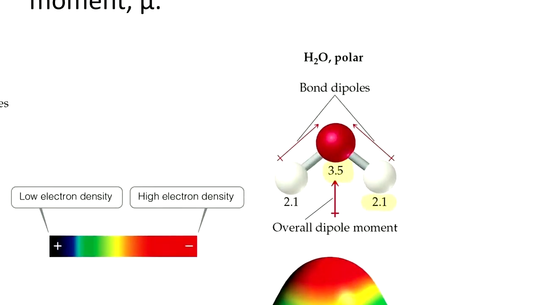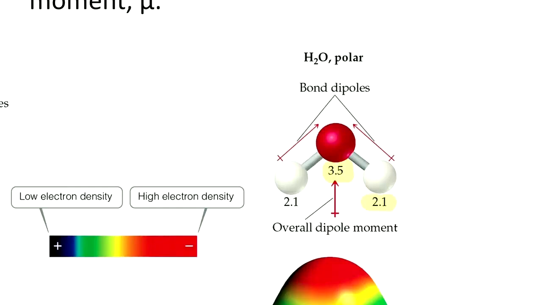Versus, let's look at water. Water, we already said, has 2 lone pairs and 2 bonds, so it's bent. Now the 2 bodybuilders are not 180 degrees from one another. They're about 109 degrees from one another. So the 2 bodybuilders are on the same side of the molecule. If they pull on the molecule, is it going to move? Yes, it will, because their vectors do not cancel.